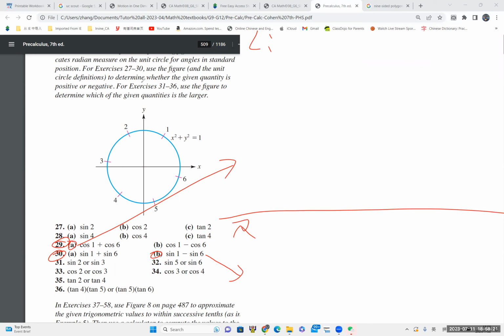Unit circle definition. Determine whether the given quantity is positive or negative. For 31, so this is within 30. You just determine if it's positive or negative, right?